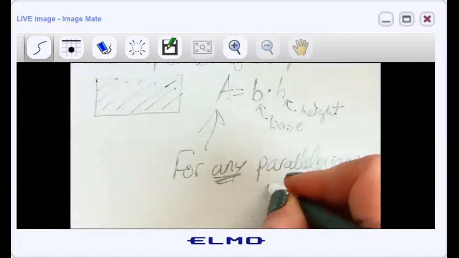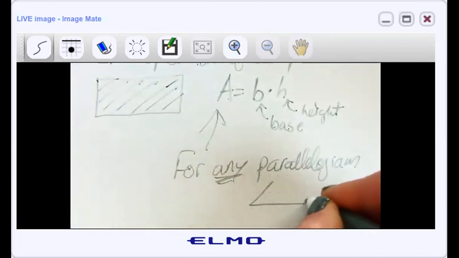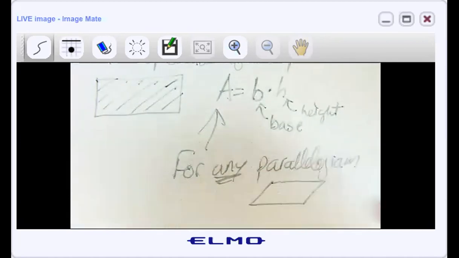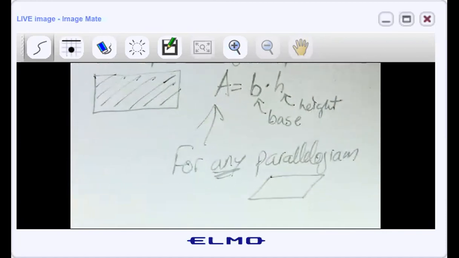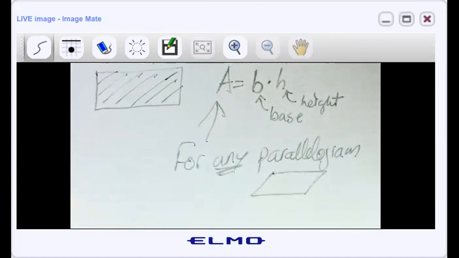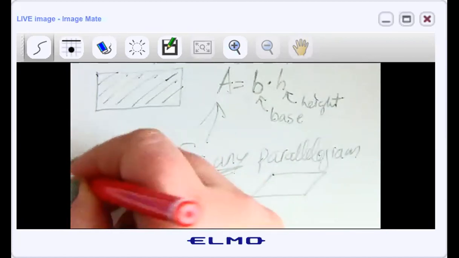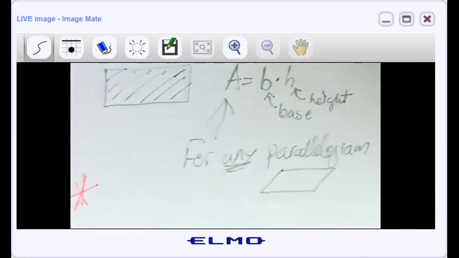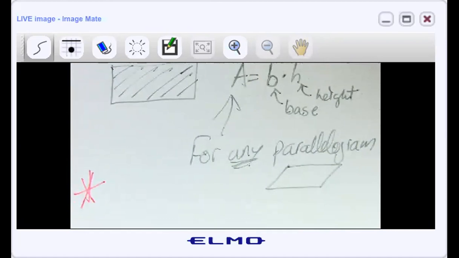Your typical parallelogram looks like this guy, like how we draw a plane, right? All of these things are parallelograms. And the really most important thing, so big, huge star that we need to remember, if you are going to multiply base and height together, they have to be perpendicular to each other.